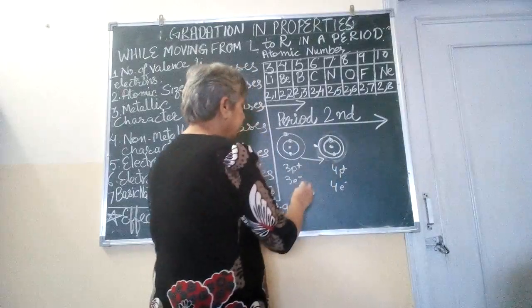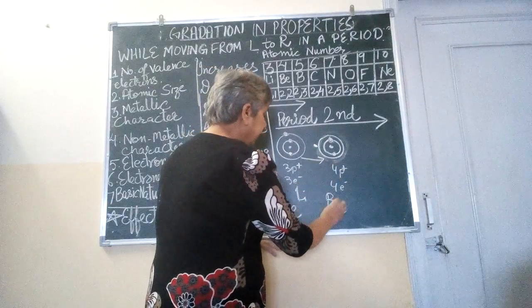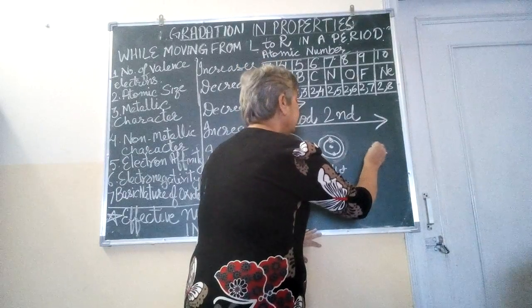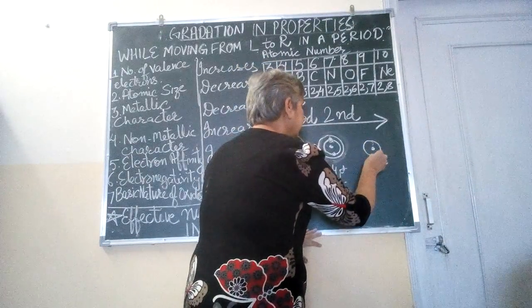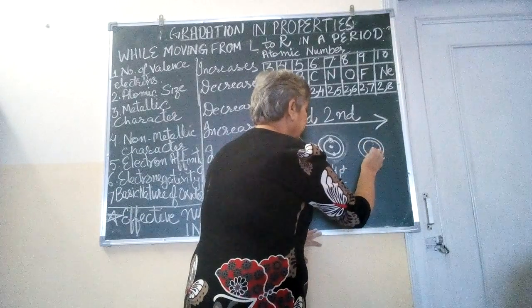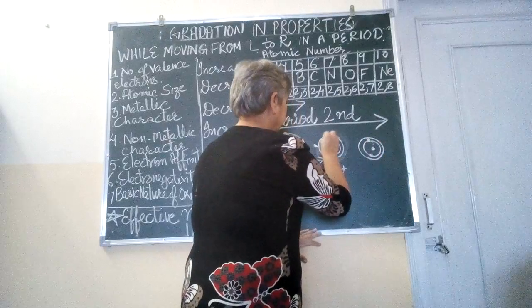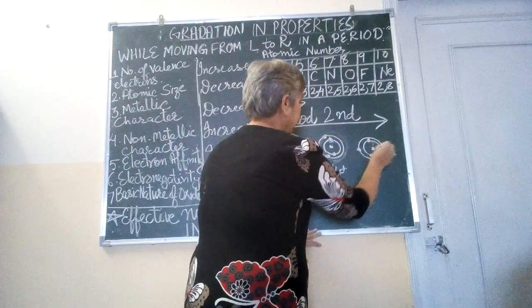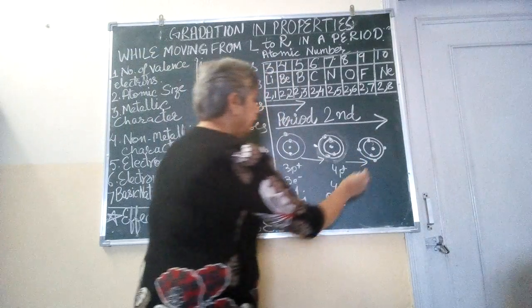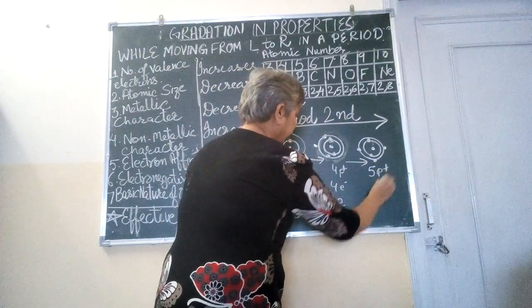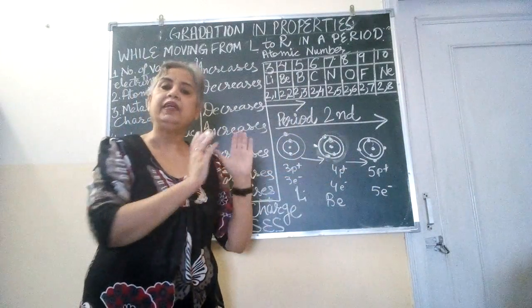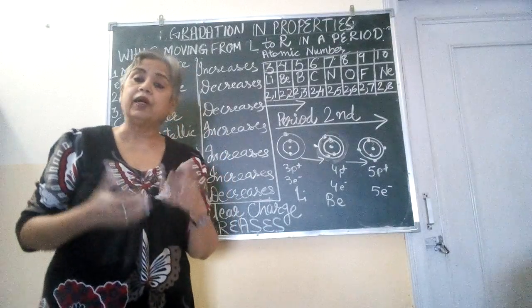But you see, this is lithium, then beryllium, and then there is boron, again nucleus, shell 1, shell 2, four electrons and 5 electrons. Now you can see that the size I have shown is decreasing. Now the question comes why?